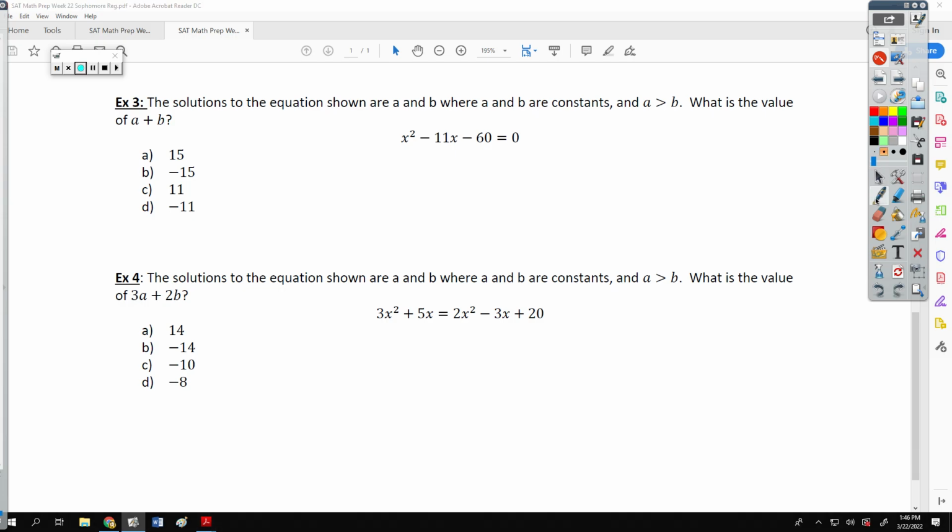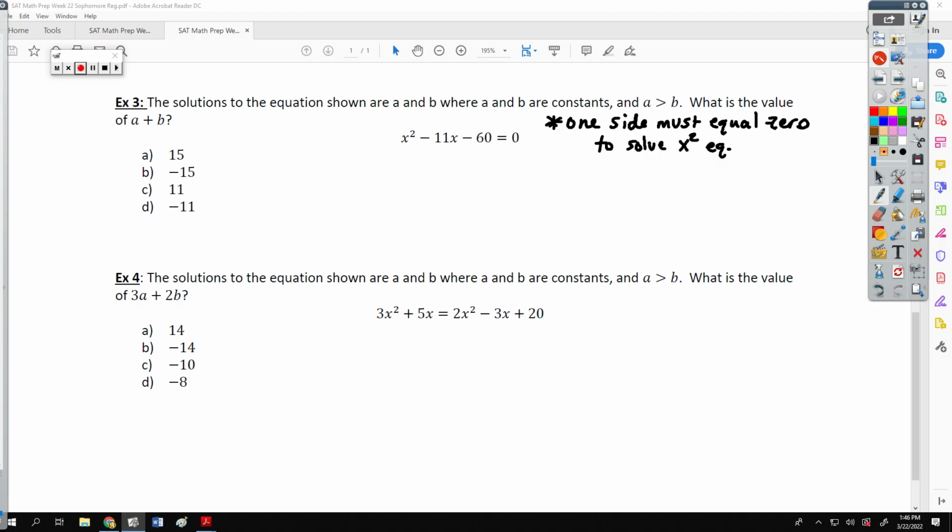So in this case, we're now solving an equation, which does make it a little bit different. First of all, one side must equal 0 to solve a quadratic. This is a quadratic equation. Anytime we see an x squared, we have to move everything to one side of the equation.